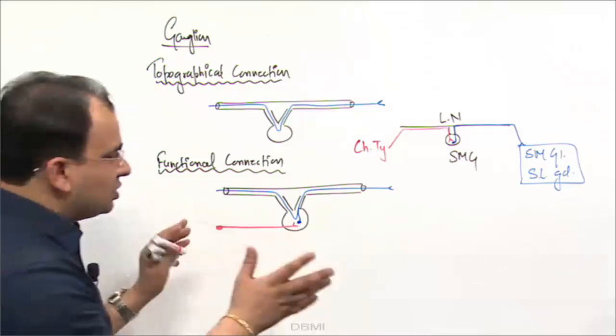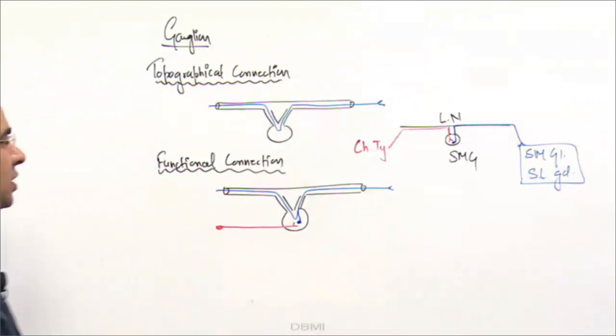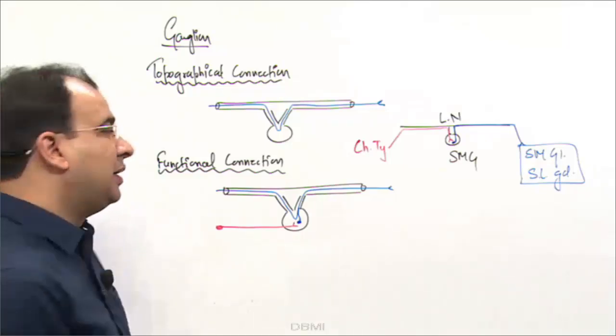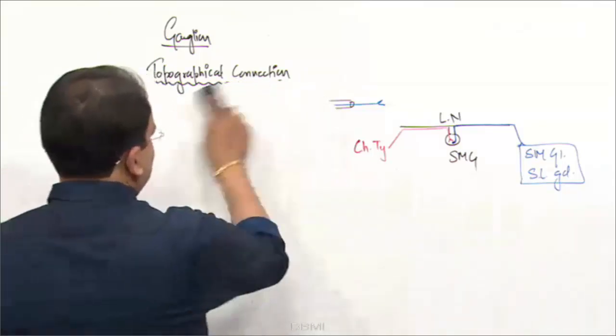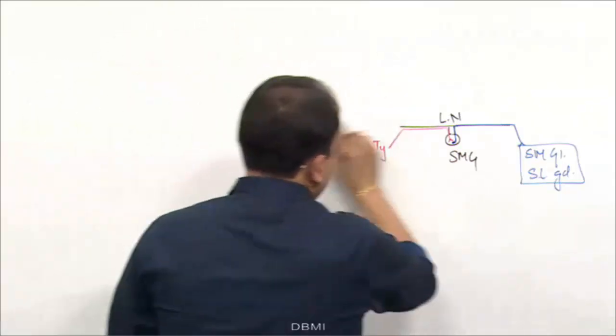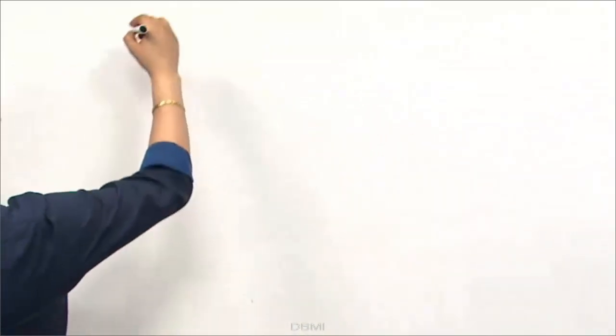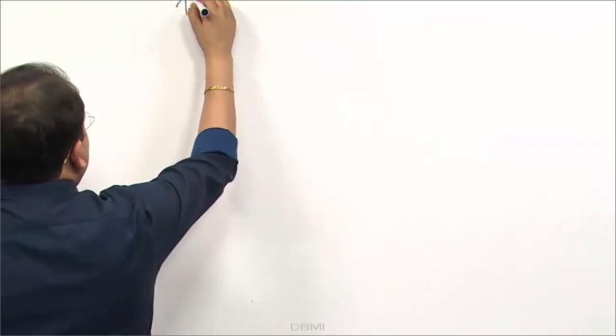So keeping this concept of ganglion in mind, let's talk about the trigeminal nerve and see how all ganglions are topographically related to them. So let's start with the trigeminal, guys.